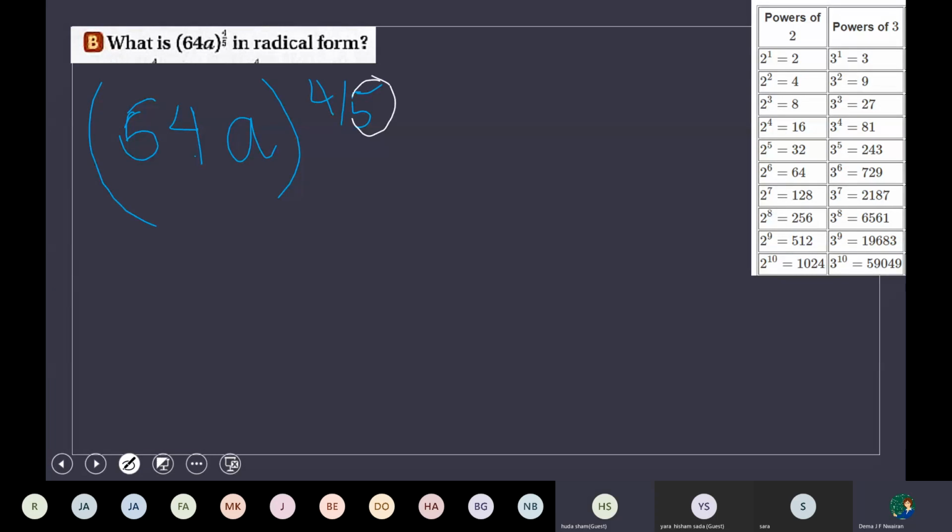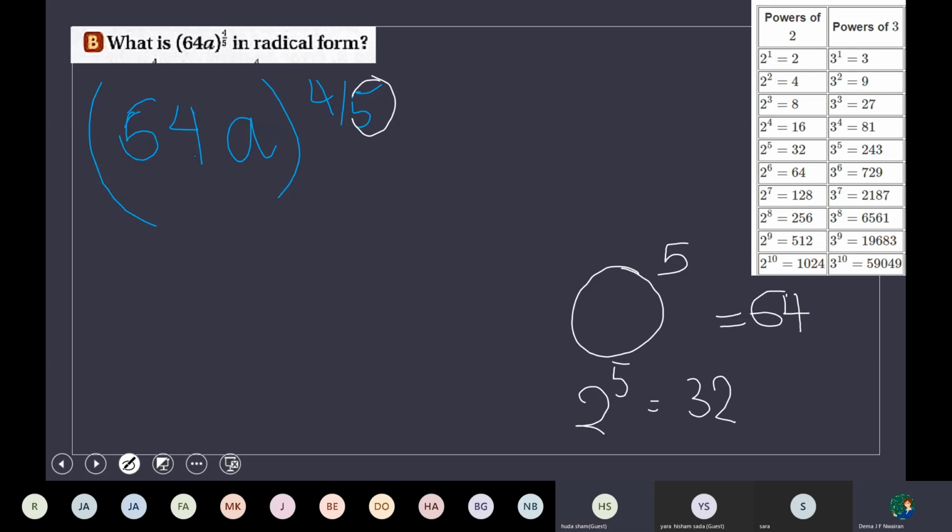So then I say, what is the number that is raised to the power 5 and I get 64? Come here. We have 2 to the power 5, it is 32. And 3 to the power 5, it's 243. So I didn't have any number raised to the power 5 that gives 64. I have only 2 raised to the power 5, it is 32. But I didn't need 32. I need 64. Okay, this is the second step now.